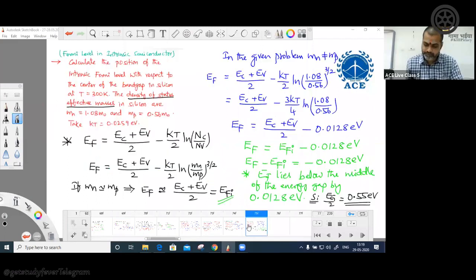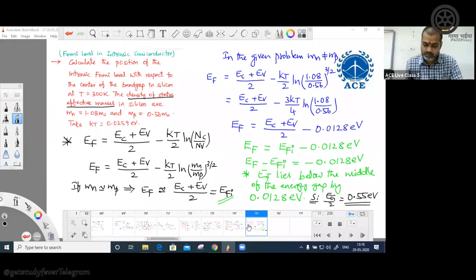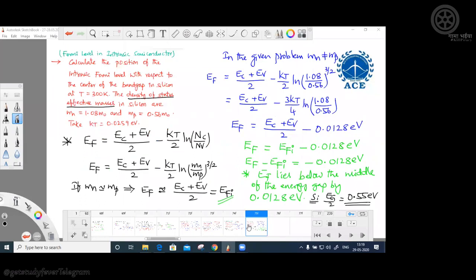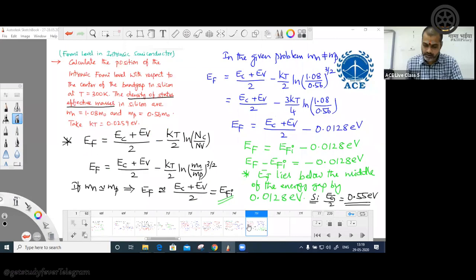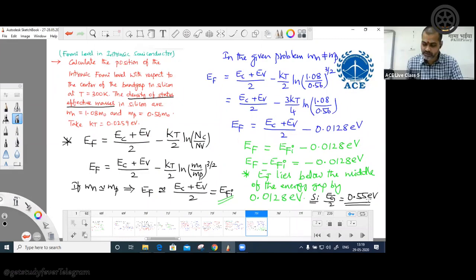Sir, here you wrote EG equal to EC plus EV. I wrote? Yes, sir. For silicon, EG by 2 is 0.55 electron volts.